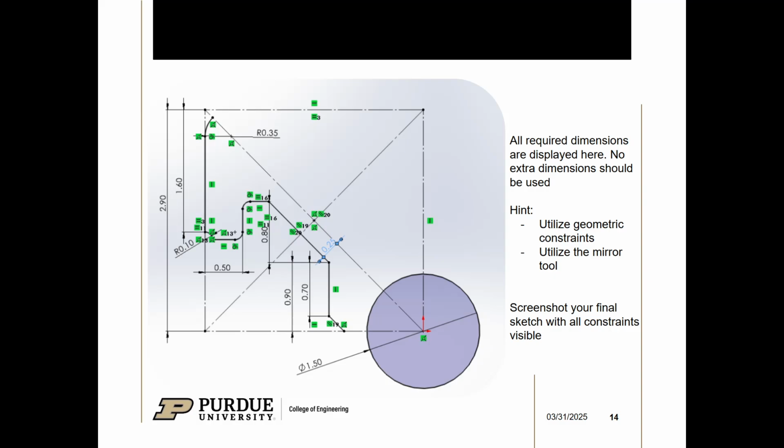It's very similar to the gear assignment that we just did, but with a more complex sketch. For this construction geometry here, this is basically a square, right? So I set these two lines to be equal to each other to give myself a framework to build around. And then I started creating these lines.